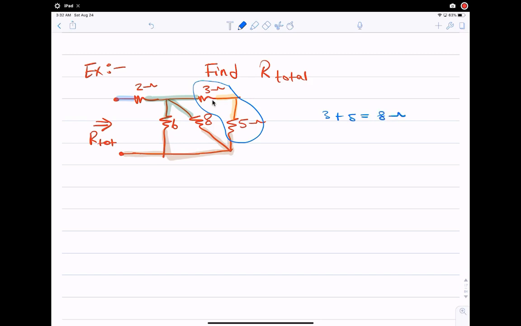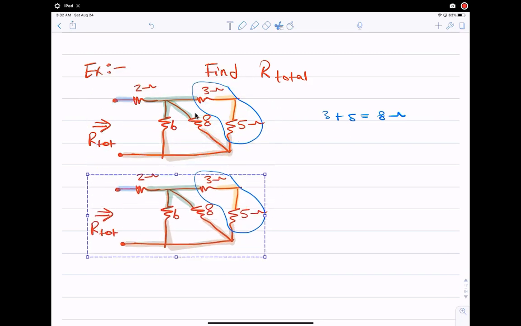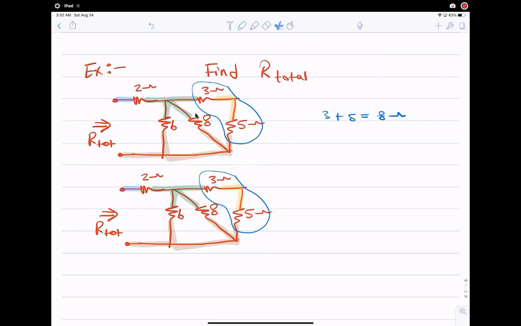Okay, now we have to redraw the circuit, so I can redraw it exactly the same, but now we're gonna erase the 3 and the orange node, because normally when you combine any two series resistors, the node between them will disappear.